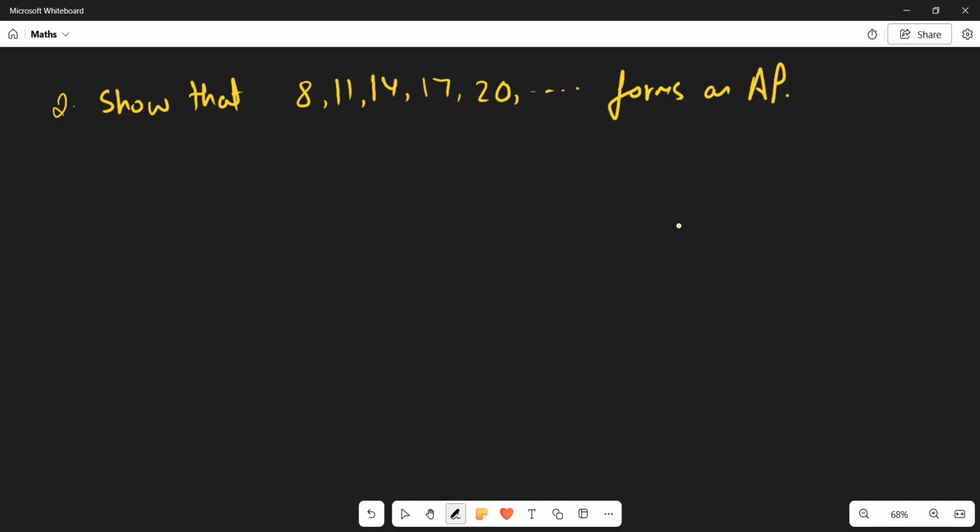It also says, find the first term and the common difference.